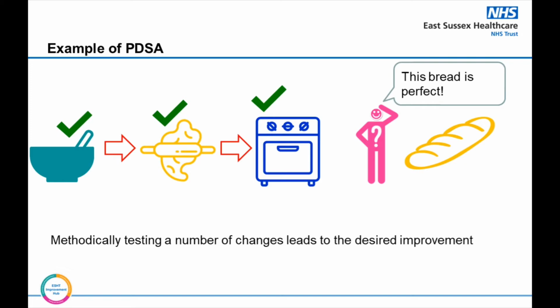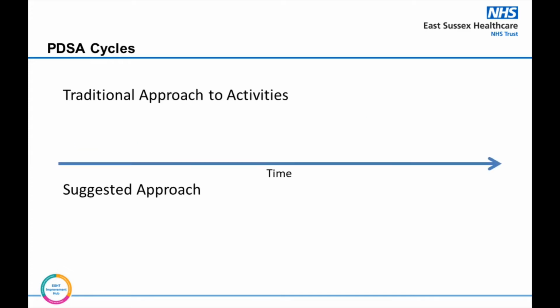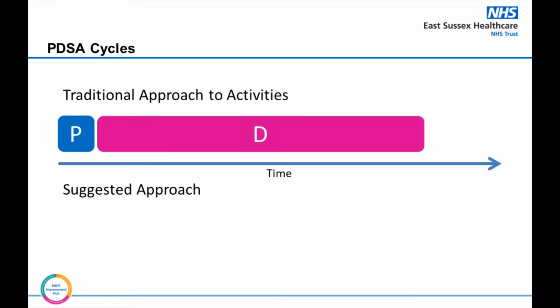Taking this approach to find the best recipe for bread might seem quite intuitive, even obvious. But what's interesting is we find that in organisations quite often we don't take this kind of approach. Actually, what often happens in organisations is that we quickly decide what needs to be done and move straight into doing it, often not taking the time to follow up and check what the outcome was or making changes based on those observations.